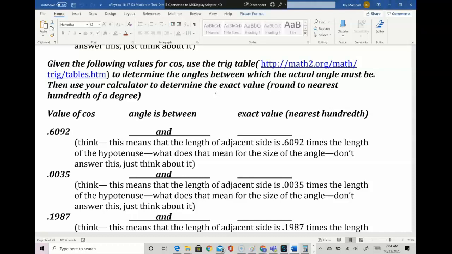And remember that if the angle is going to be greater than 45 degrees, you have to go down to the bottom row of things to look for that. So if I am at a cosine of 0.6092, oh wait, that's exactly the same angle.